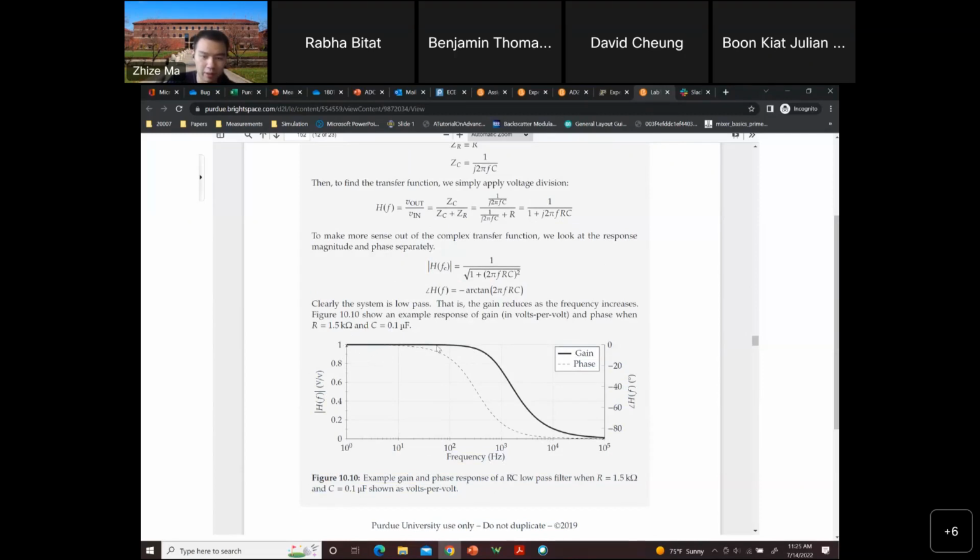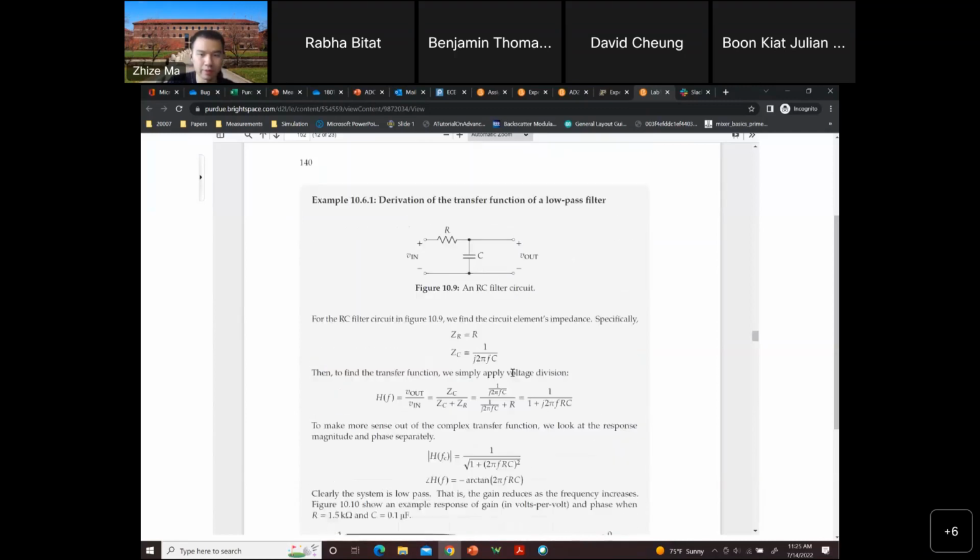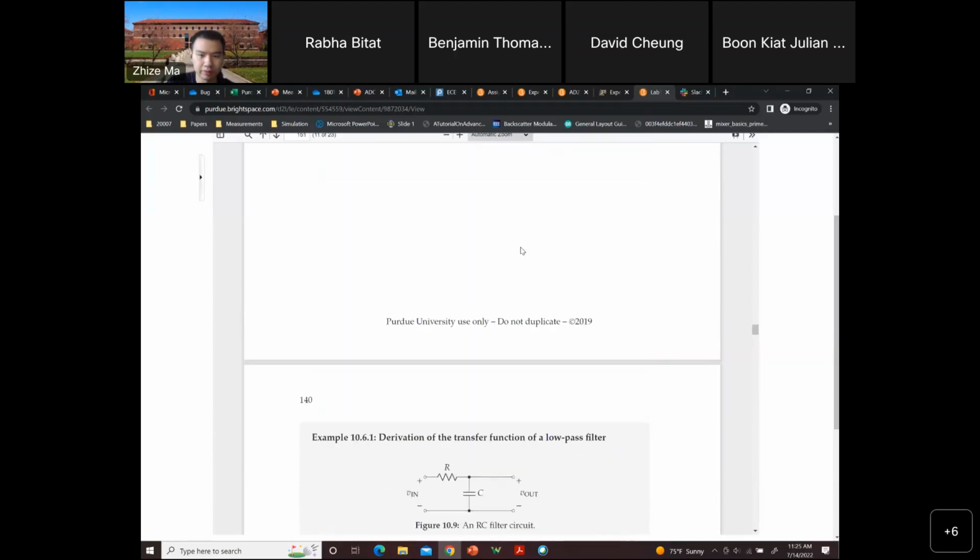And then when the frequency increases, you will see the magnitude start to decrease. So that's how the low pass filter works. The low frequency signal can go through the filter. When the frequency goes too high, the high frequency signal will be blocked by the filter. So that's a low pass filter.